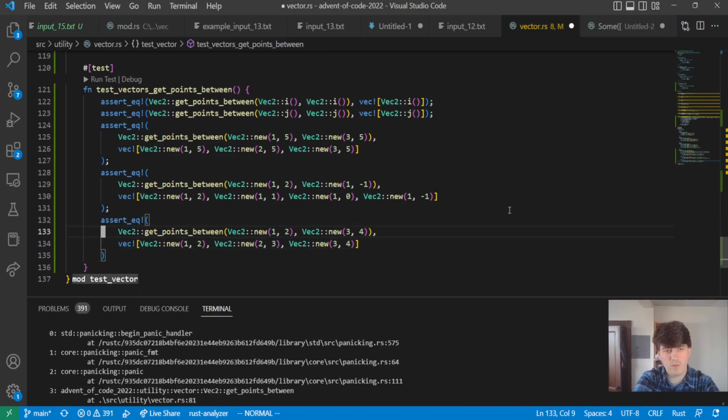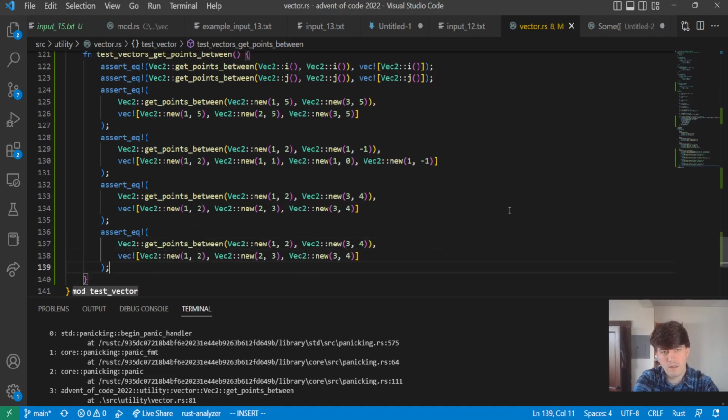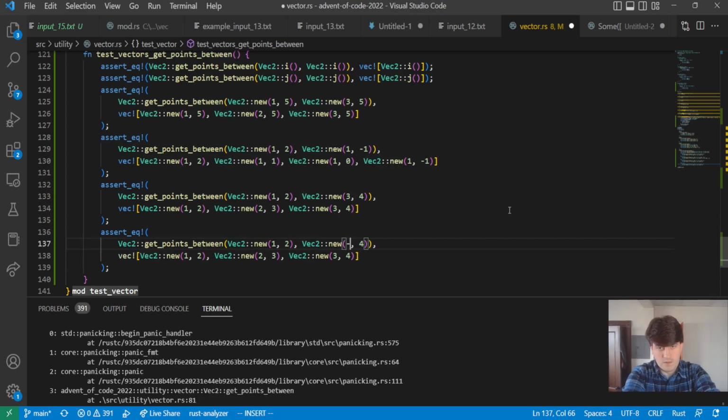And we can do one other one that tests a weird direction, like 1, 2, negative 1, 4.